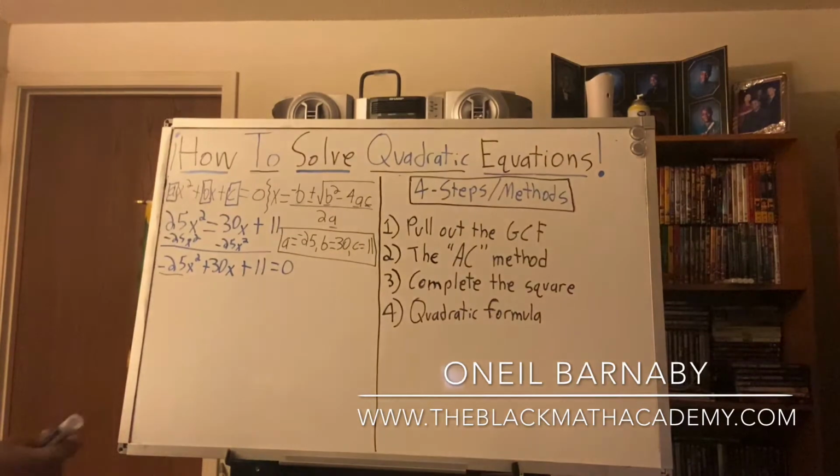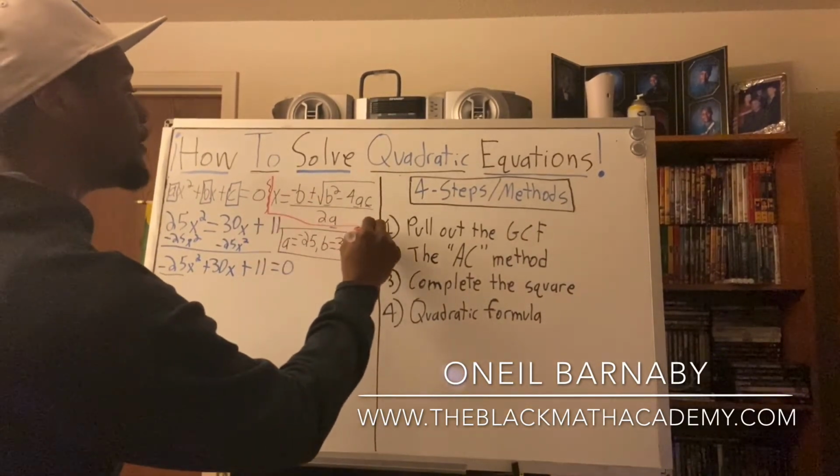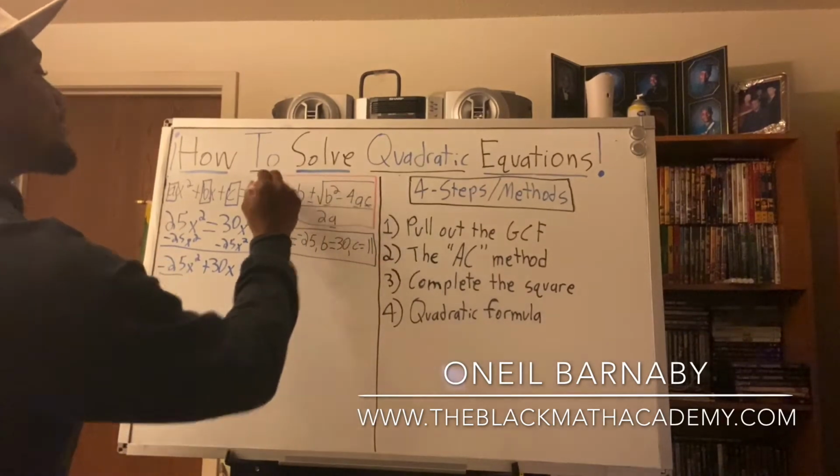Let's do that. Let me box in the equation so you know which ones we're talking about. Here's the quadratic formula up here in red, so we're going to be using that.